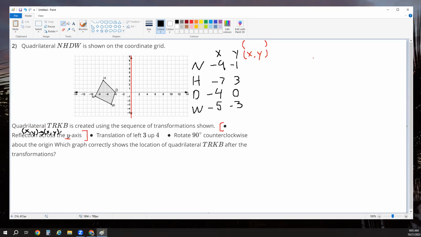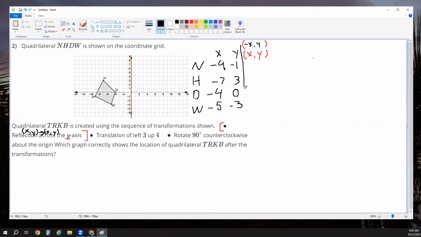The y's stay the same as it reflects, but the x's change polarity. So it's going to be -x comma y. We change sign.